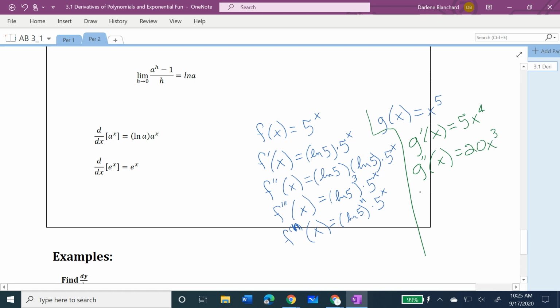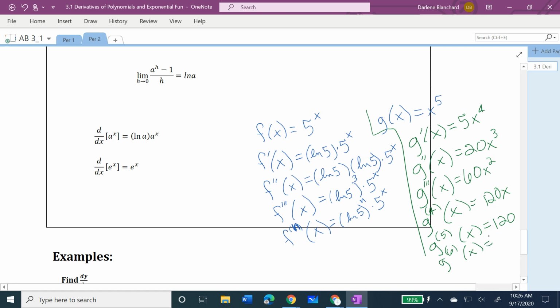Bring it down 1. What's the third derivative? And maybe you see where this is going. Yep. This polynomial is doomed. The fourth derivative, and the fifth derivative, and the sixth derivative, 0.